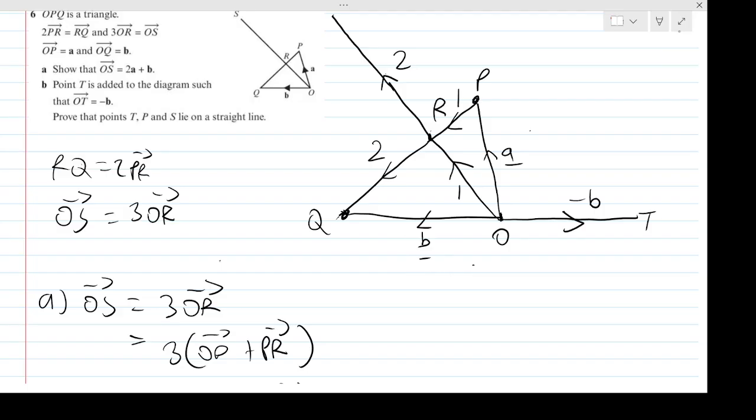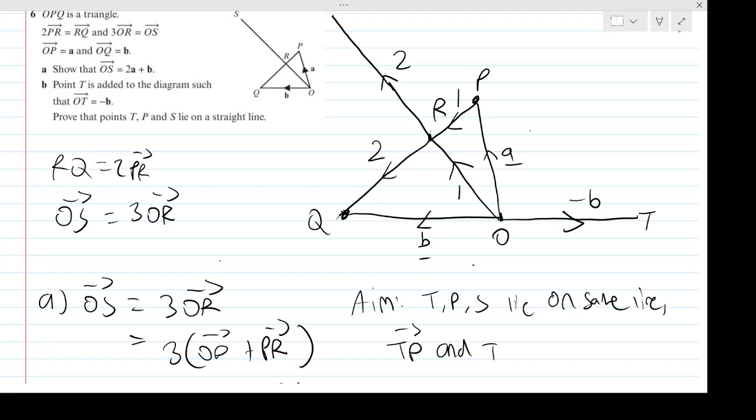We added that on. We then need to show that the points T, P, and S all lie on the straight line, okay? So the aim of this then, if T, P, and S lie on the same line, then we need to show that, if we make two vectors out of this, so say, let's do TP and PS, then we can show that, for example, T to P and PS are multiples, right?